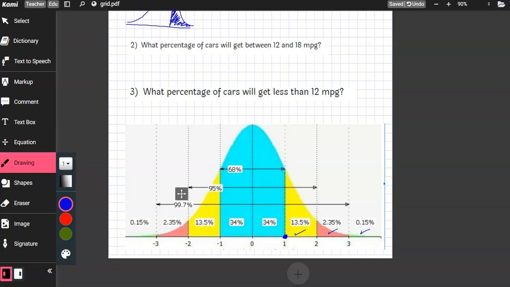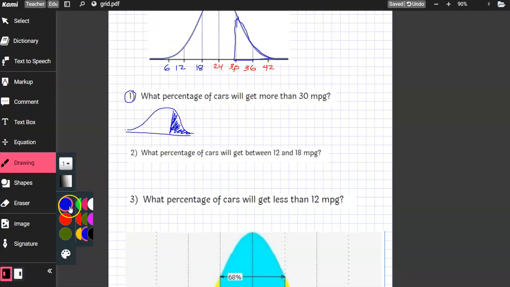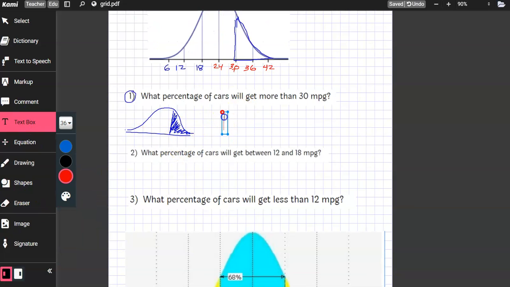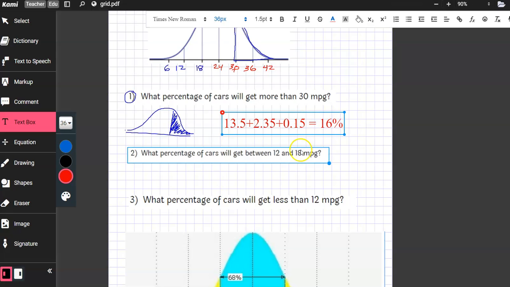Okay, so if you do that, let's do it right here. Add 13.5 plus 2.35 plus 0.15 is equal to 16%. You change that to a percentage at the end.